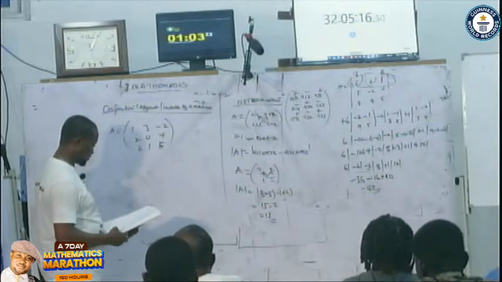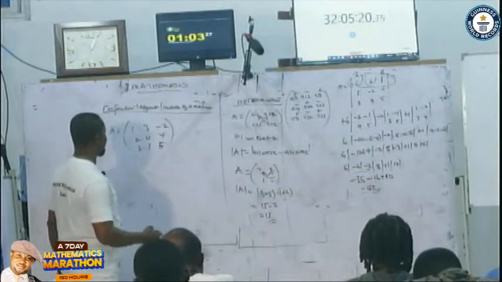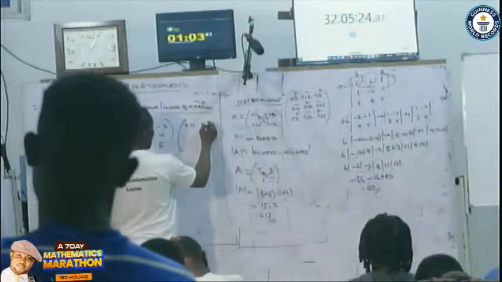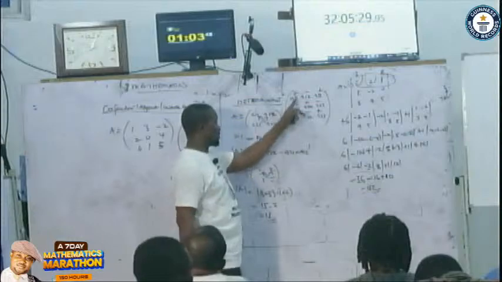Now, just like what I told you, that in the matrix we have, using this one for example now, I want to find A11.